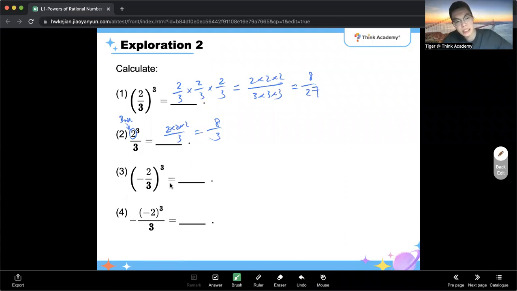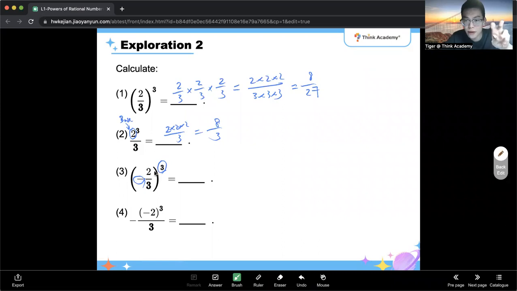If I have minus 2/3 to the power of 3, what are we going to have? Right. So for these kinds of questions, we can just take it as 3 steps. The first step is we can determine the sign of the product. So we have a negative base and an odd power.